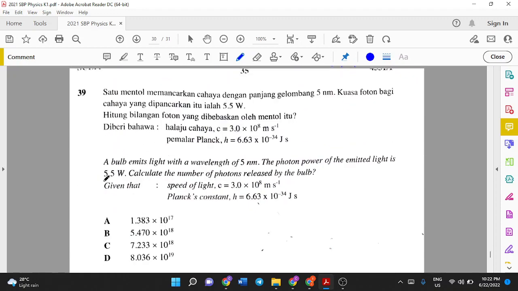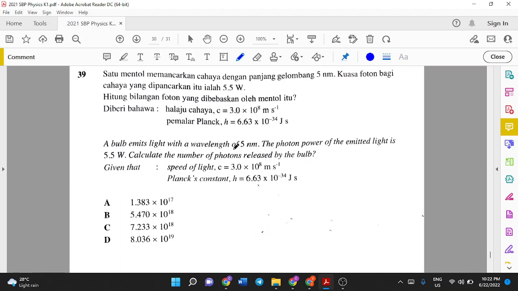Now, question 39. A bulb emits light with a wavelength of 5 nanometer. The power of the emitted light is 5.5 watts. Calculate the number of photons released by the bulb. We learned these equations: E equals hf, or E equals hc over lambda.